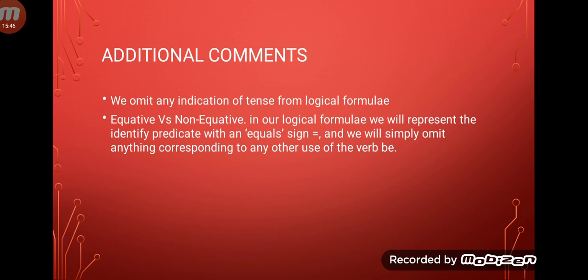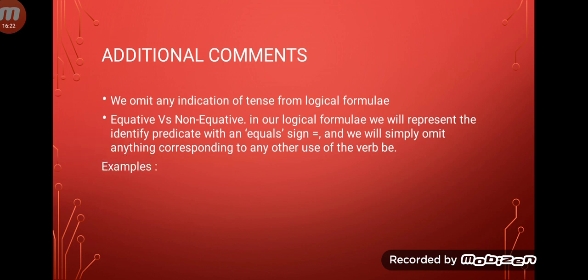And the second comment is equative versus non-equative. In our logical formulae, we will represent the identity predicate with an equals sign, and then we will simply omit anything corresponding to any other use of the verb be.